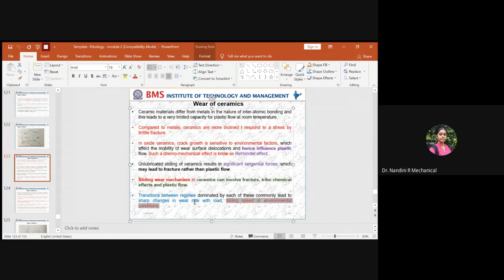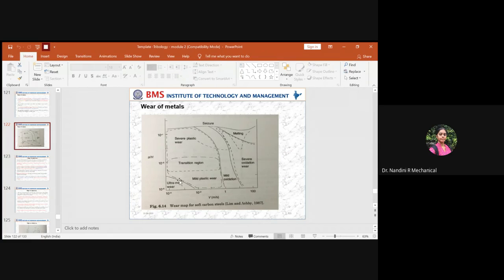So depending upon the wear rate, the transition also will be affected, right? You know the range, this is the safer range. If you have a sliding velocity less than 10 to the power of minus 2 meter per second, and if the pressure applied is very low, of 10 to the power of minus 5, then the amount of wear you get is very mild and it is within the safe zone.